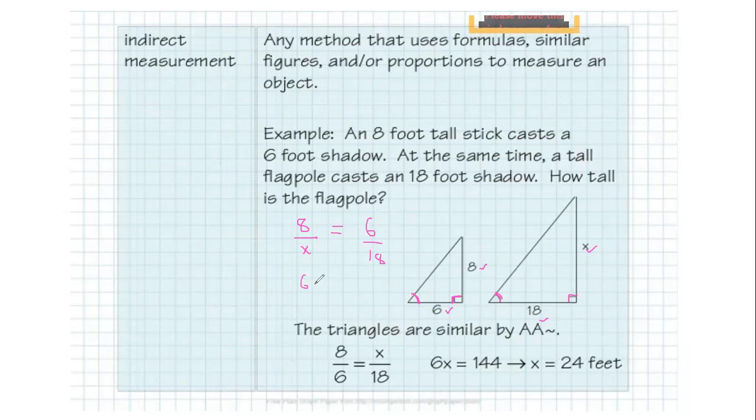So if we cross multiply, we shall have 6x equals 8 multiplied by 18. And if you work this out, you end up with x being equivalent to 24 feet. If you want, you can compare the ratio of the sides of this triangle to this one, or you can compare matching sides like I've done here, but it all ends up giving you the same answer for this question.